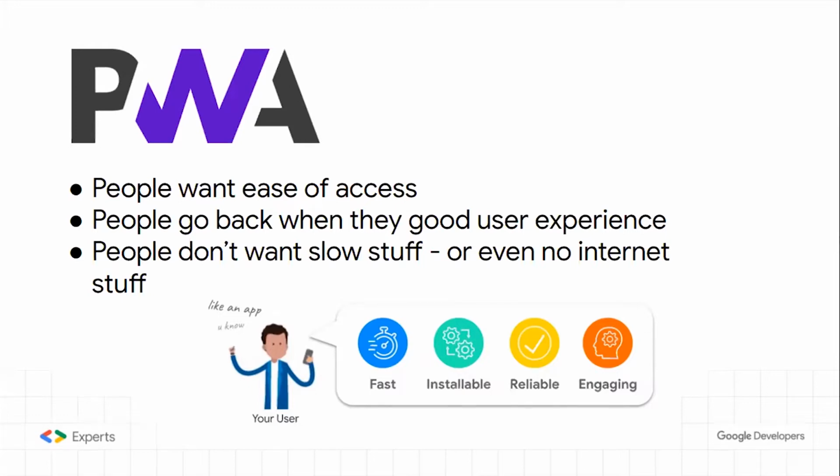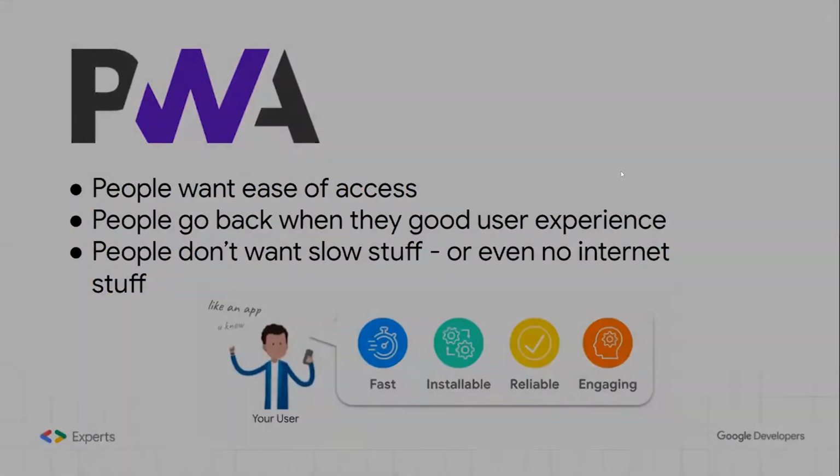So the idea is, if we can make sure that your website is fast, installable, reliable, and still engaging regardless of where they are, then it becomes a good PWA.